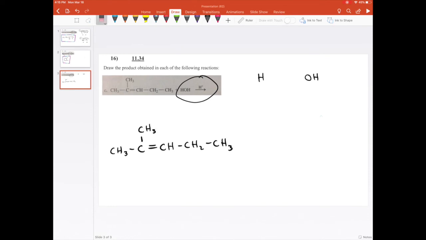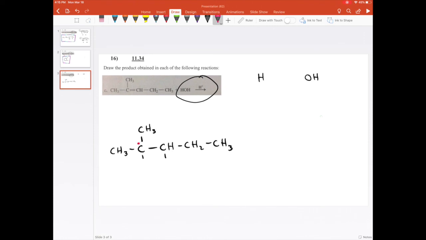The second step, erase the second bond in the double bond and draw 2 new bonds, one going to each of the carbons that were in the double bond. Now we know this is hydration, so we know we're adding H and OH. But because each of these carbons isn't symmetrical, we have to figure out where the H goes and where the OH goes. The OH goes to the carbon bonded to more carbons.